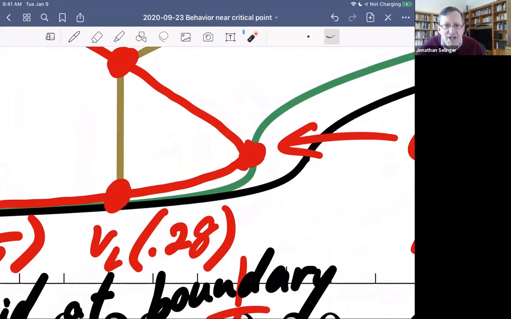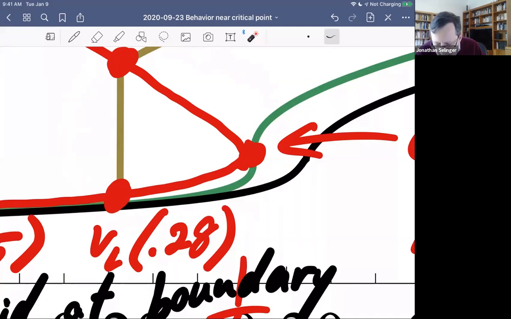When have we ever seen a parabola on its side before, right? Well, in the Ising model, we saw something that looked a lot like a parabola on its side. Here we're seeing the same kind of thing. This plot for the volumes of the liquid and gas at the phase boundary looks like a parabola on its side.